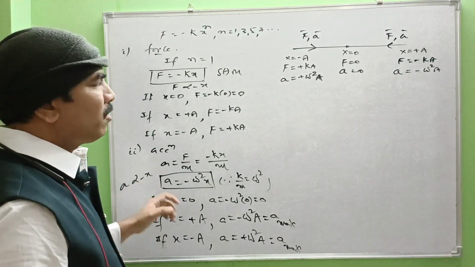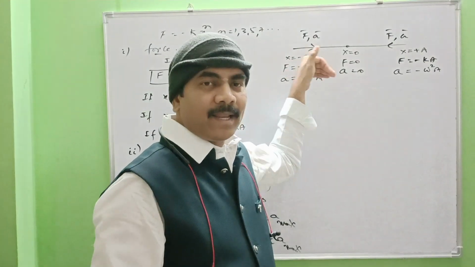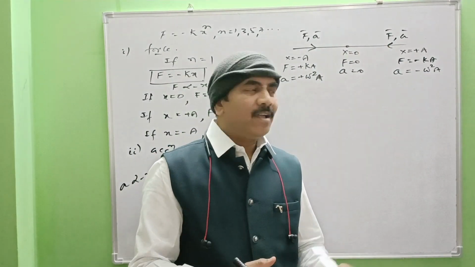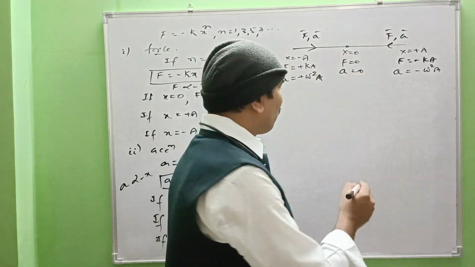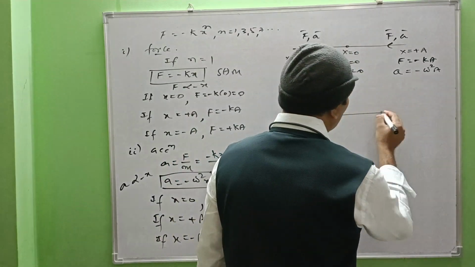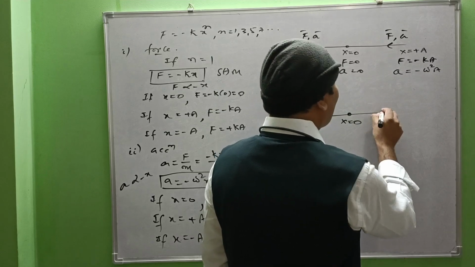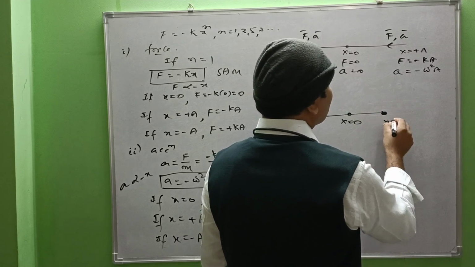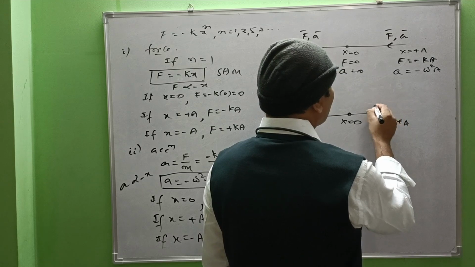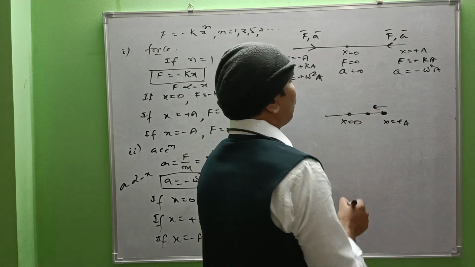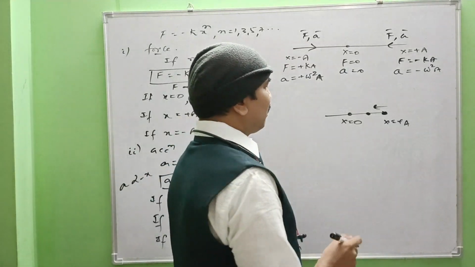Here, displacement, how to measure displacement of the particle in case of oscillation? Always the displacement is to be measured from the mean position. Suppose this is the mean position, particle is somewhere here at extreme position, for example. It moves for a while and comes to this position. Now what is the displacement here?